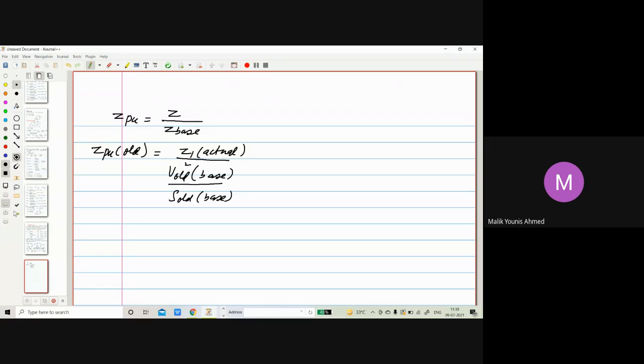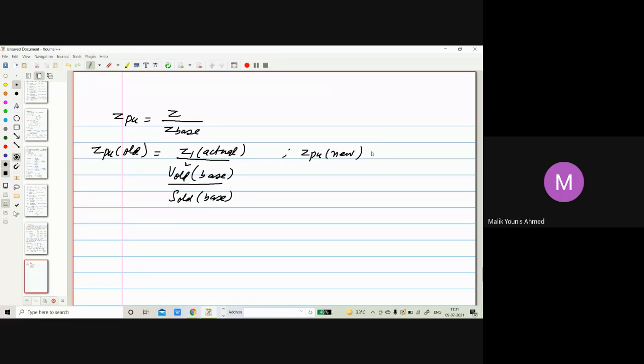We are talking about the old impedance here in per unit, so I will use the old values for the base values. So here, again the same thing I will repeat for the ZPU new.